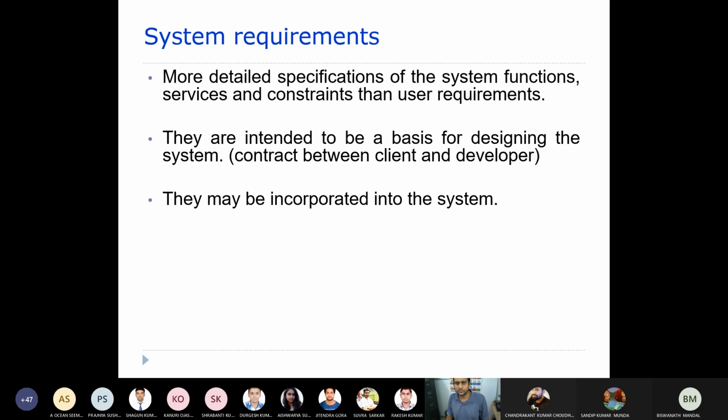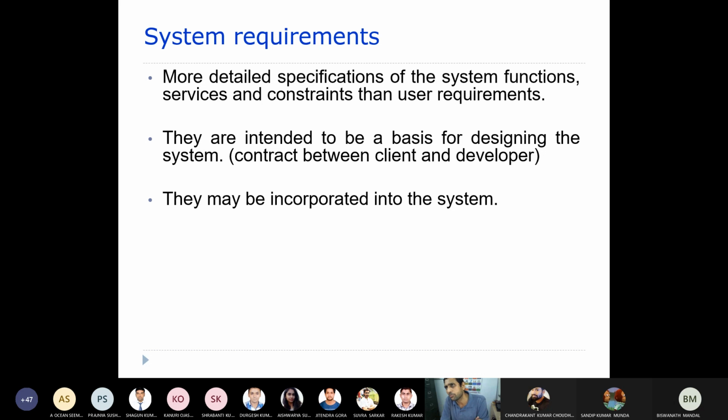Before, we have already discussed system requirements. It is a more detailed specification of the system functions, services or constraints. Mostly this will be used by the developers, because it is a more detailed specification.